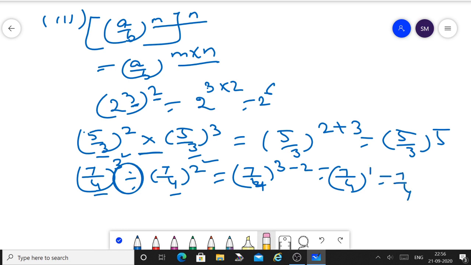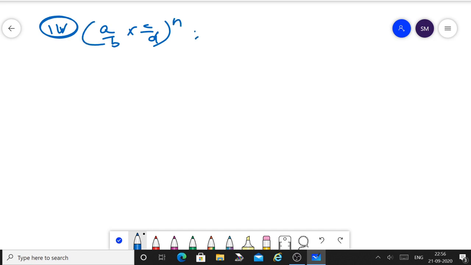Then what does the fourth law say? Fourth law: a by b into c by d, whole to the power n. This can be written as a by b to the power n into c by d to the power n.